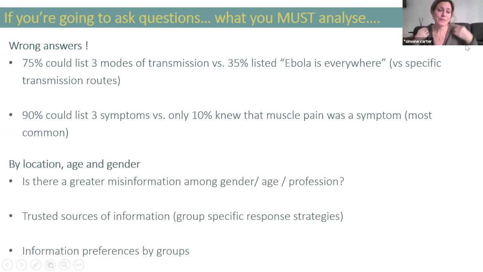So the other thing that's really, really critical, it seems so simple, and in 2020, I can't believe we still have to talk about making sure that we have age and sex disaggregated data, but we do. It is not possible to not have data that is disaggregated by gender, by age, but also important to look at things like profession, people who have home professions, informal work, etc. We need to look at the trusted sources of information by groups, and the information preferences by groups as well.